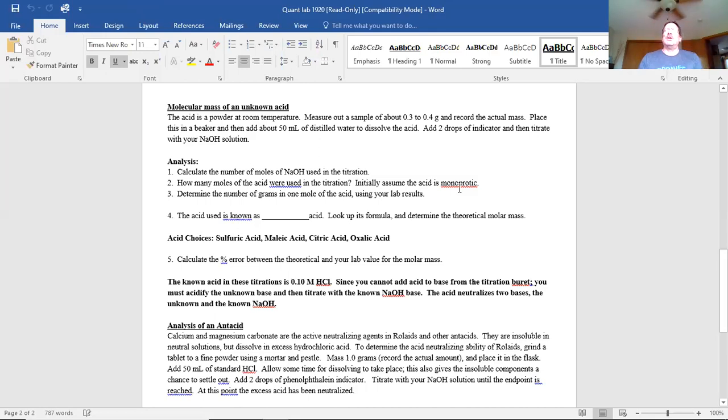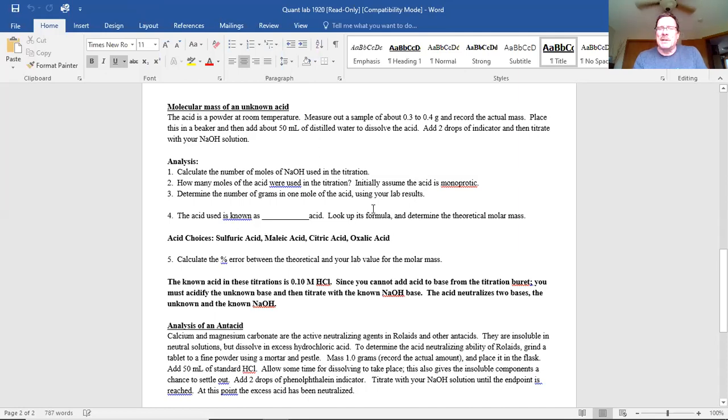Okay. But you know from balancing equations and from our titration practice that if it has more than 1 H for just 1 OH, that's going to change the ratio. If it's diprotic, it's a 2-to-1 ratio. If it's triprotic, it's 3-to-1. So you'll have to do a little looking at it.